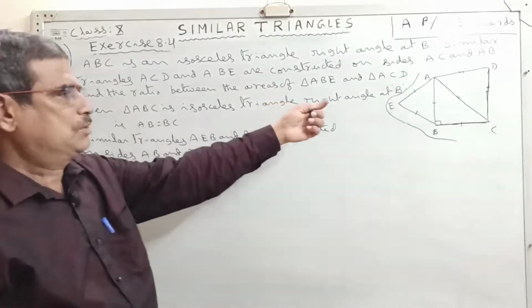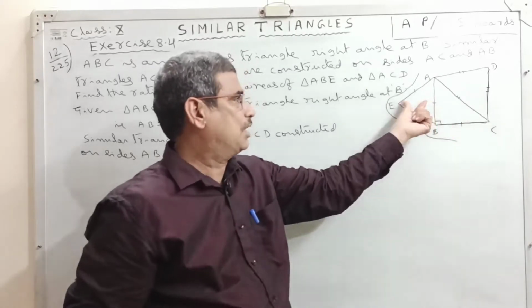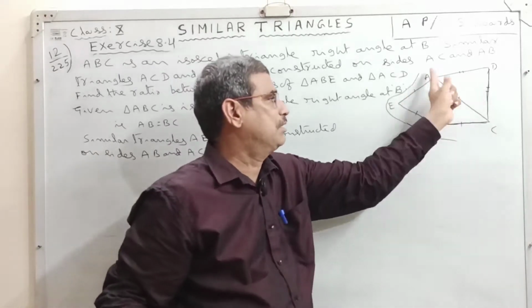So these two triangles are constructed on sides AB and AC. This triangle is on AB, this triangle is on AC.